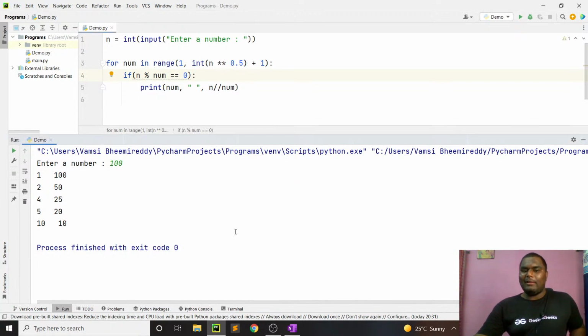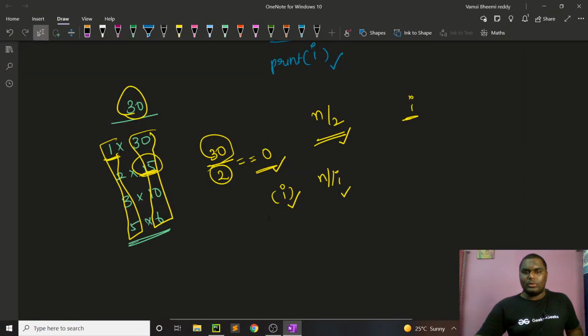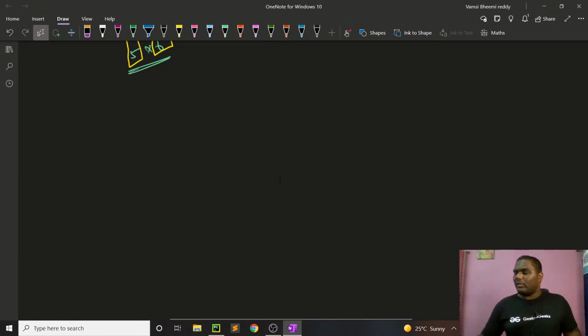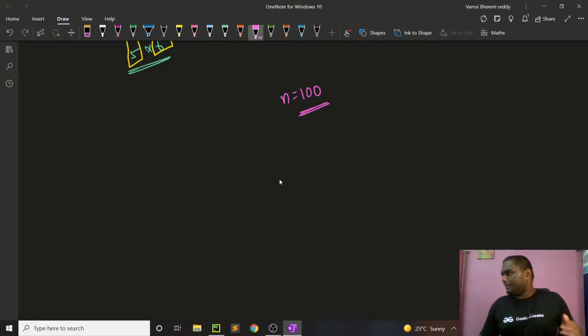Okay, so whenever you are saying that it's a square root, let's say if I give you 100 as n, how many iterations are you going to make? Sorry, I got a little confused and wrote it in reverse. So when n is equal to 100, you need to find x where square root of x is equal to 100.